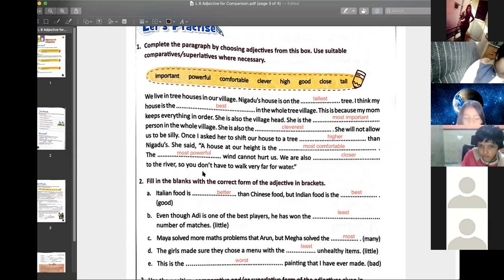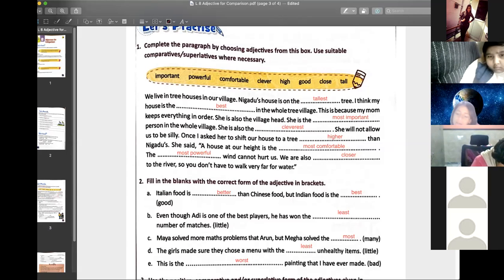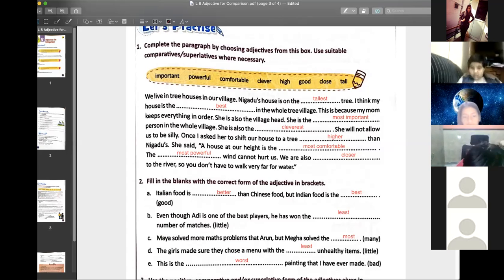Any doubt, say yes or no, at least in the chat box, bache. Okay, you're completing the work, that's okay. Once you are done with these 2 questions, write done also. Very good, Priyanshi, if you have understood. Yes, Vansh.